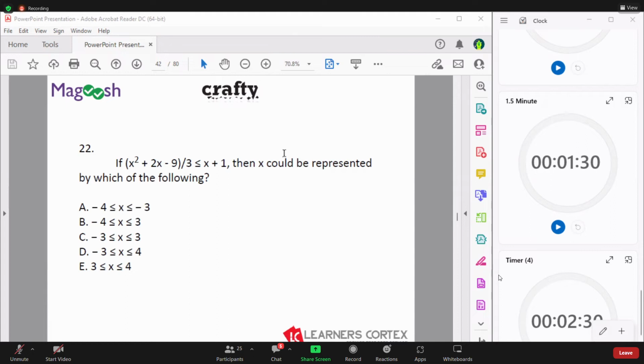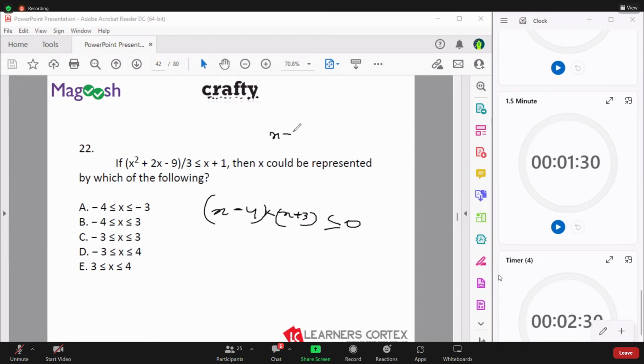Anyway, continue. So, sir, I simplified the equation, and the whole equation came as x minus 4 into x plus 3, less than or equal to 0.